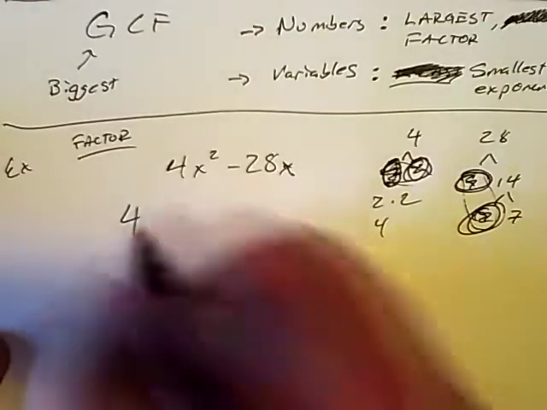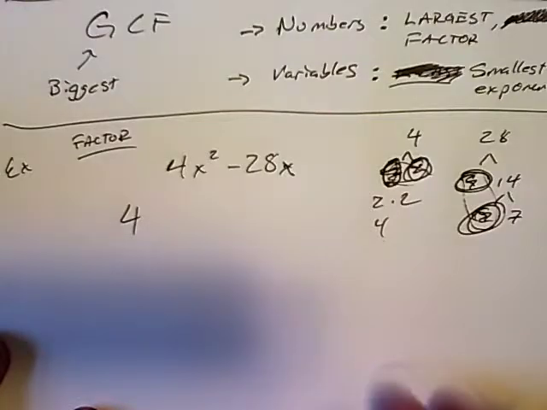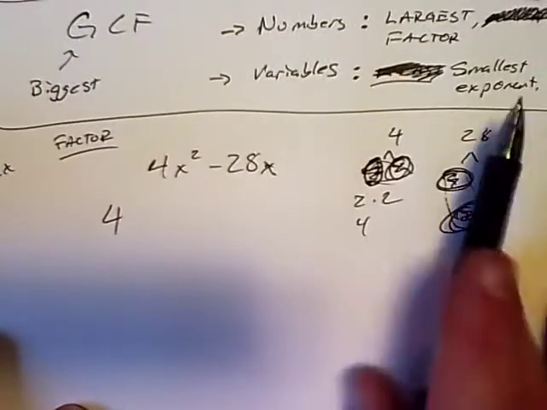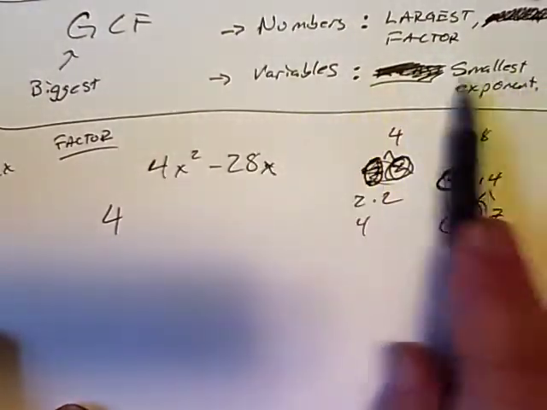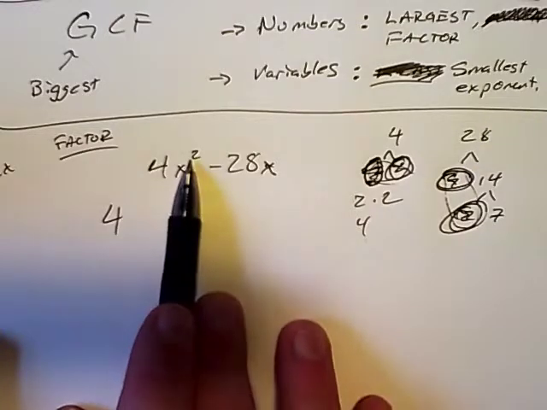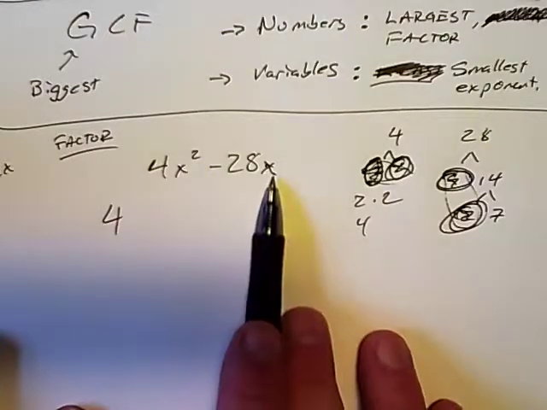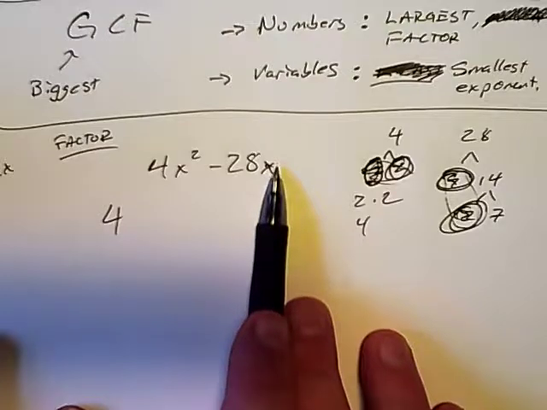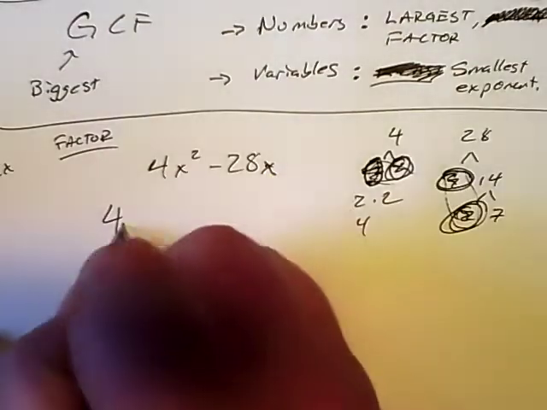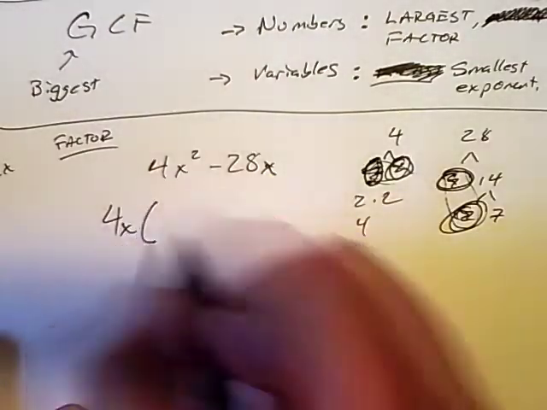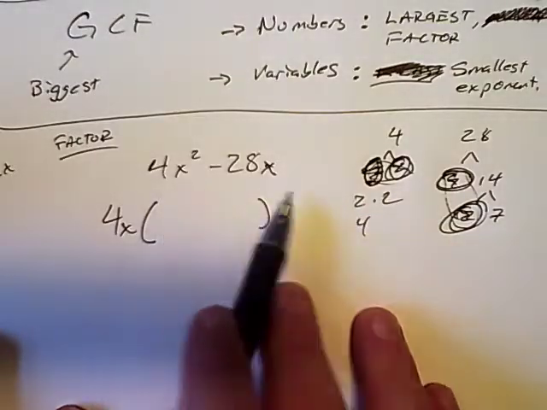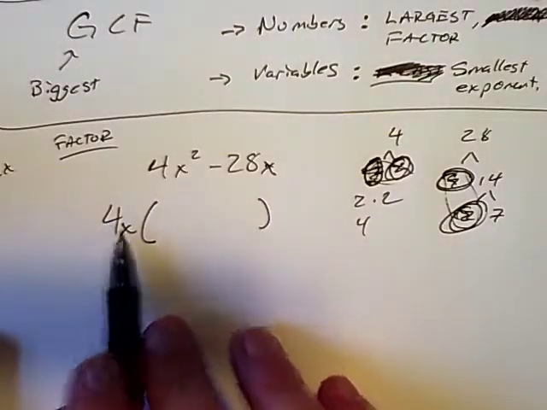So I know that at least a 4 is going to come out. Now I'm going to look at the variable parts, and I'm looking for the smallest exponent. Here I have the exponent of 2, and over here I have x to the first. So I'm going to take x to the first out. So I know that a 4x is going to come out.